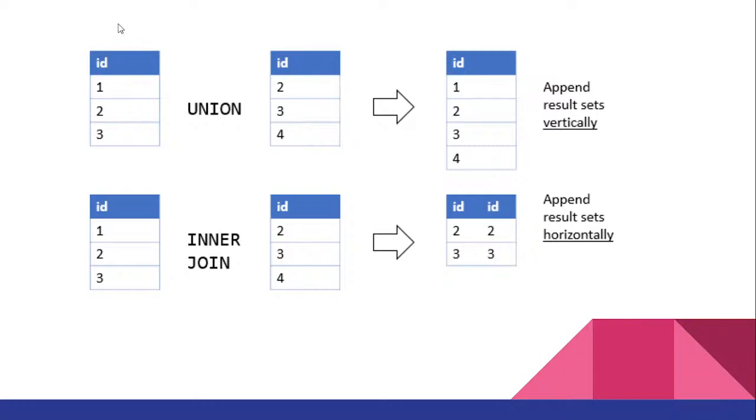So if in table 1 you have 1, 2, 3, and in table 2 you have 2, 3, 4, when you're doing union, this entire thing gets on top of this, and the result would be 1, 2, 3, 4, the IDs. 2 was repeated, so it was removed from the result and printed only one time. So you saw that when union performed the operation, it happened on top of the other table.